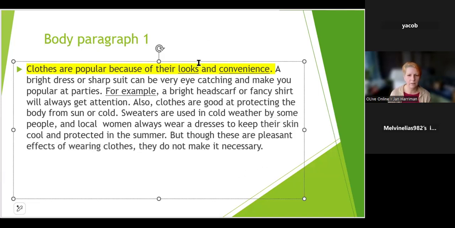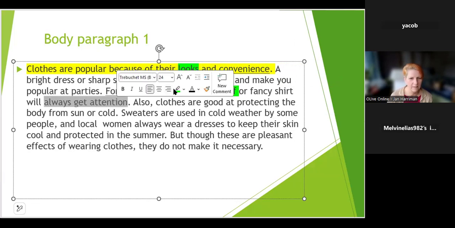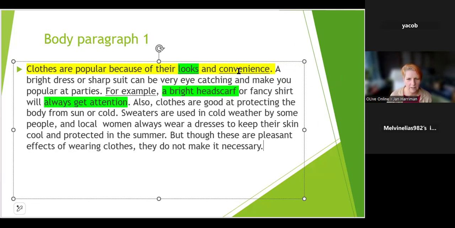So we've got our ideas. If I color key this, we've got looks, and then our example, a bright headscarf, which gets attention. So we've covered looks. We've got convenience here, so I'll keep that in yellow.